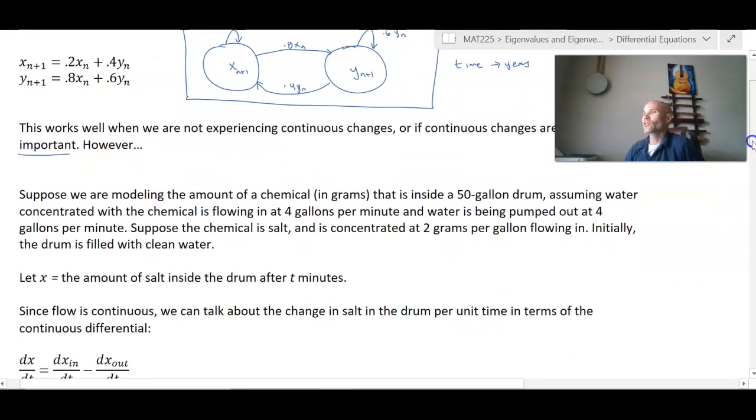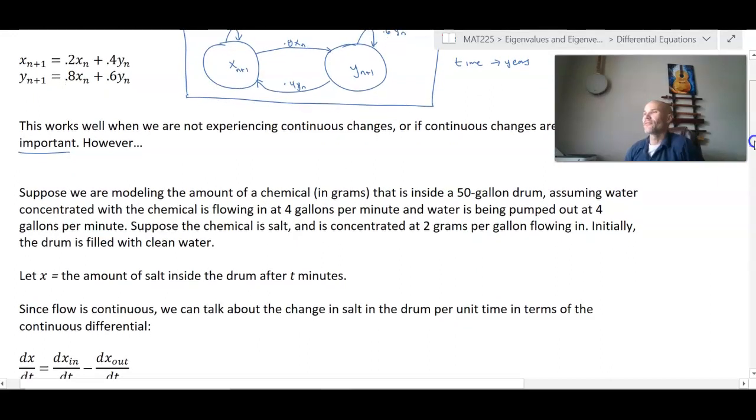Okay, so we're going to start off by defining what we want to keep track of in this scenario. We want to keep track of the amount of salt inside the drum after t minutes. Okay, so I'm just going to draw a quick little representation of this. Here's our container, and you can draw a prettier version of it if you'd like.